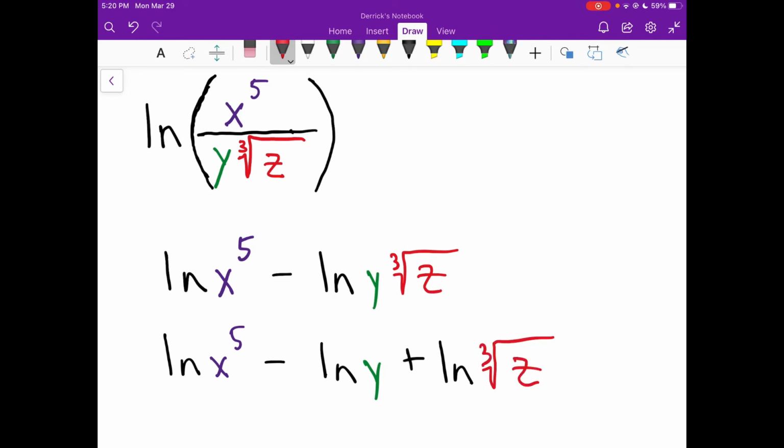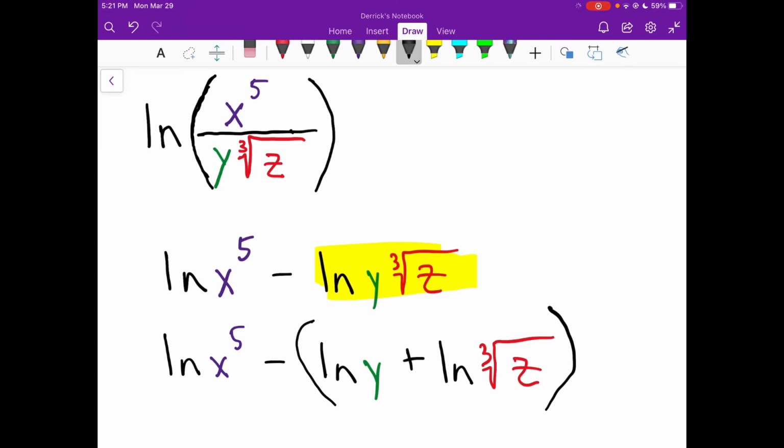Now the catch here, and this is important, this is why I picked this example, is you have to recognize that while we did split apart the y and the z, this minus was already here, which means that subtraction, that minus, still has to go to everything that comes from that first natural log. So it doesn't matter how much splitting or expanding that I do here, everything that comes from this natural log right here, that subtraction needs to be going to it.